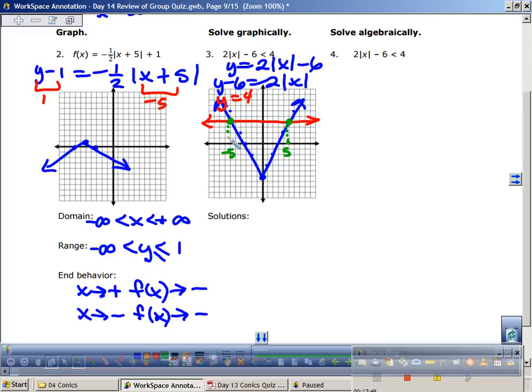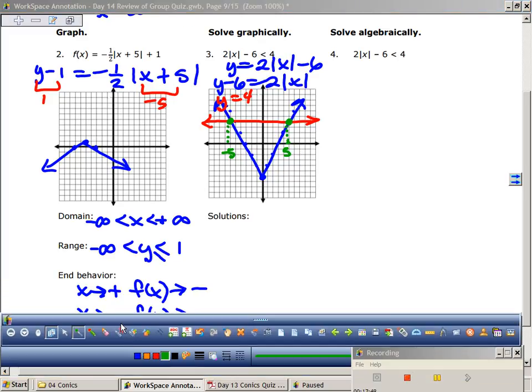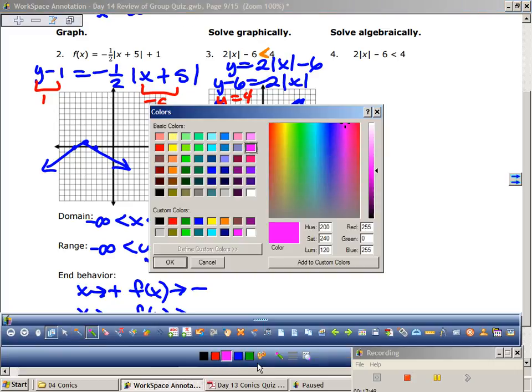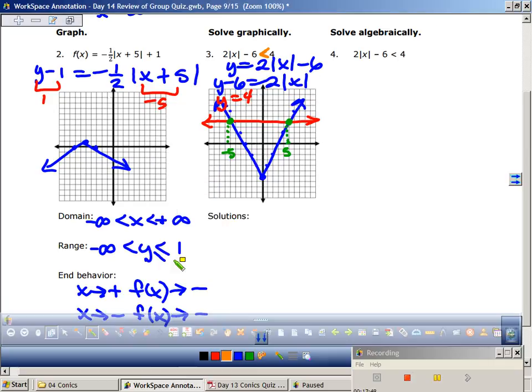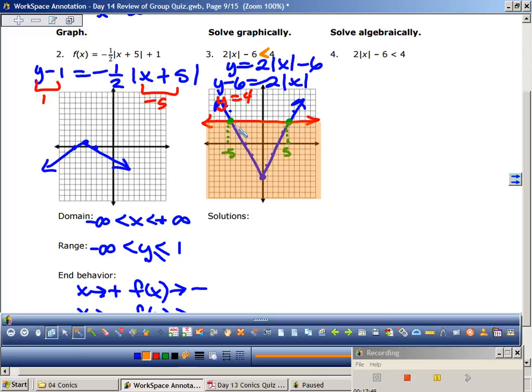So I put dotted line here. Right? It says less than. Less than means everything that's below that line. The graph below the line is everything in here.